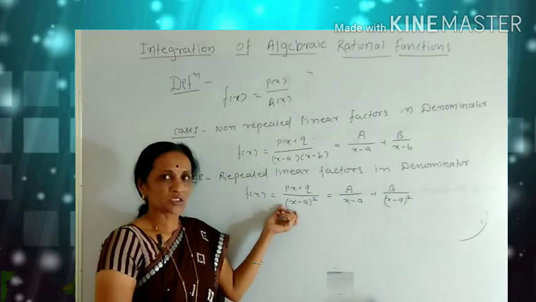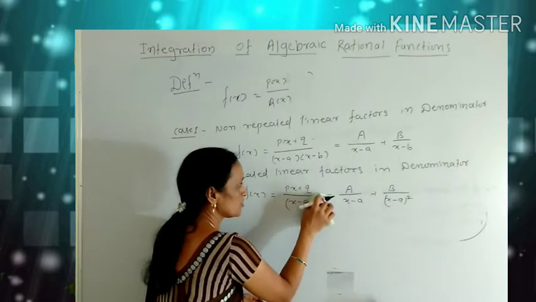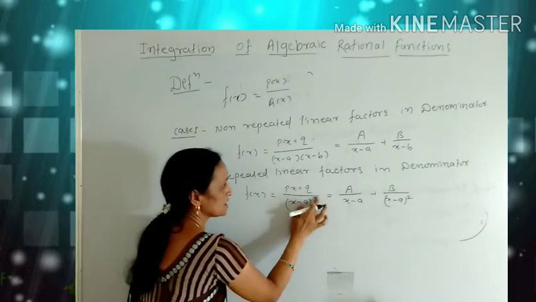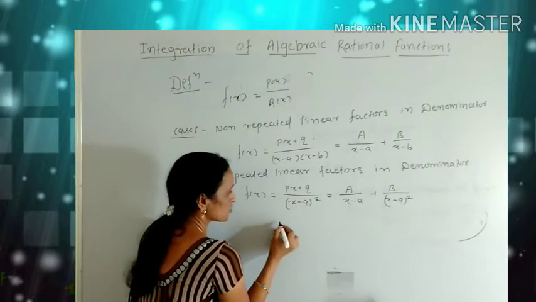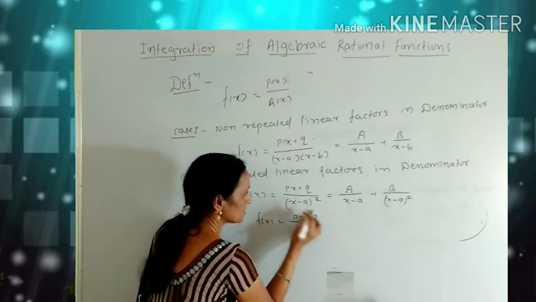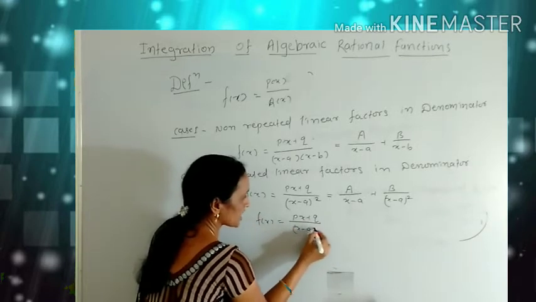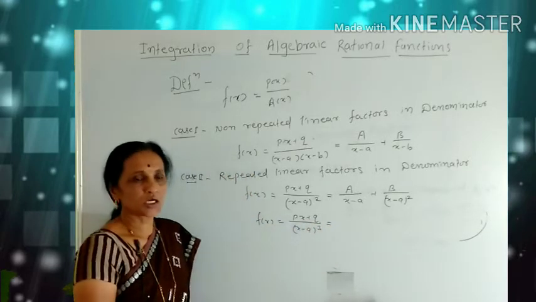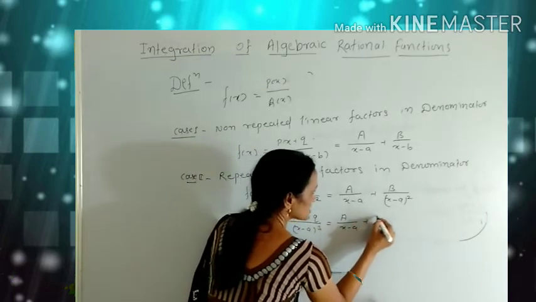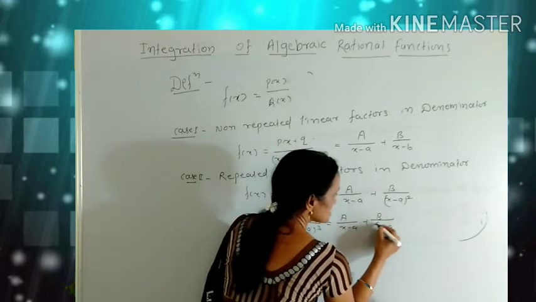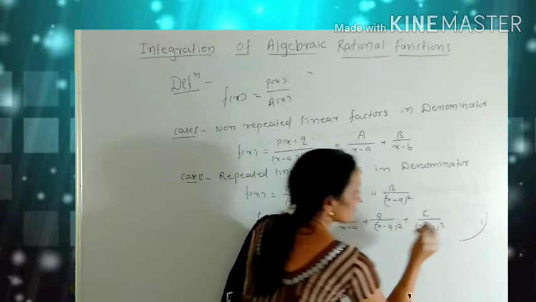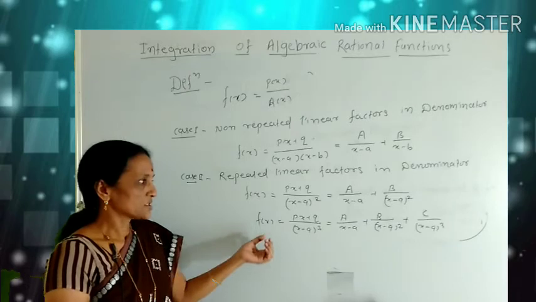If in your example there is a cube, meaning the factor x - a is repeated 3 times, then the decomposition is A / (x - a) + B / (x - a)^2 + C / (x - a)^3.